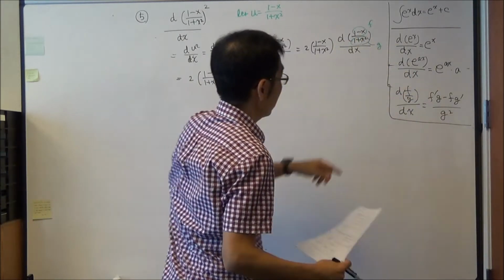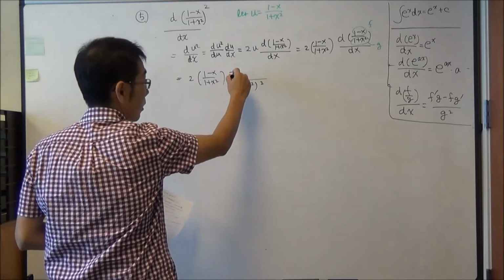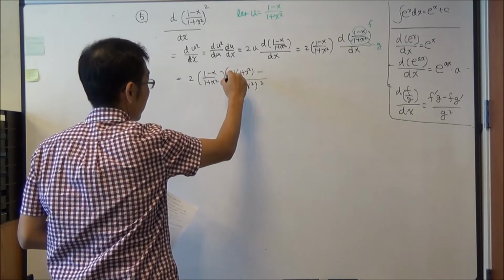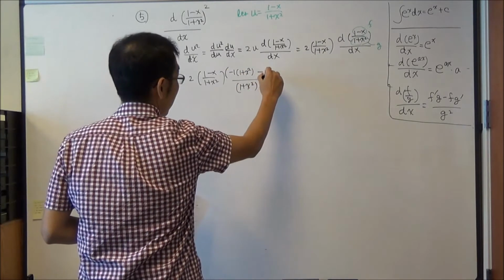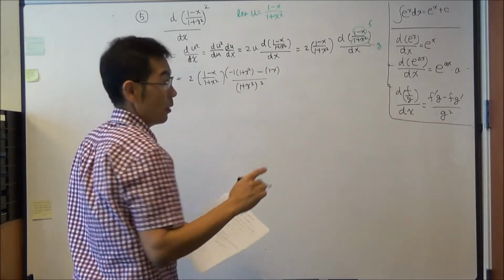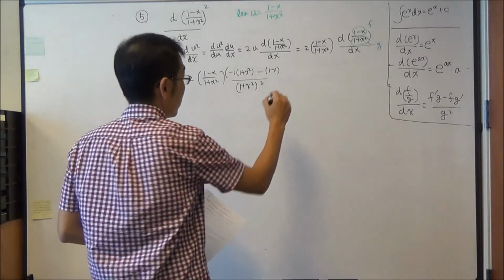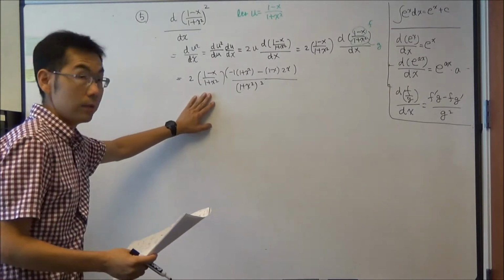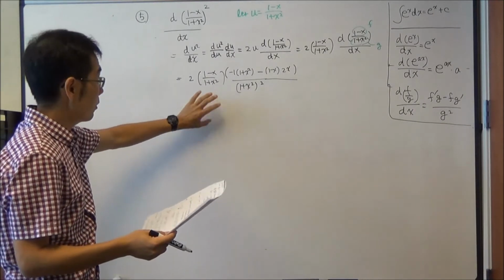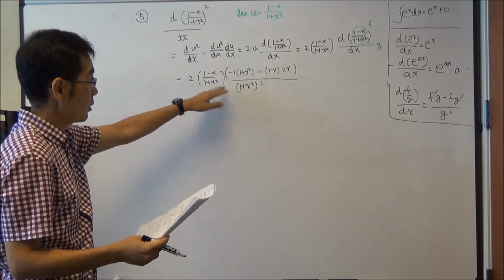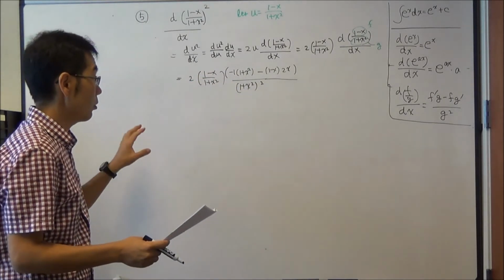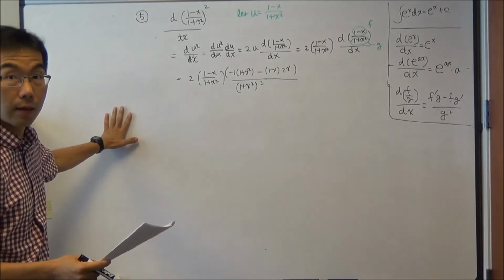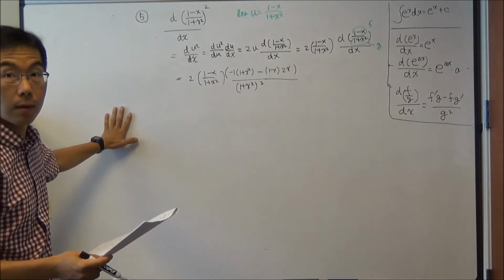So I need to take the derivative, that is minus 1, multiplied by 1 minus x squared, minus f, this is f, and then g prime. So that's the 2x, right? So this is the answer. If you simplify or rearrange this nicely, then you will see the answer key that I provided in your handout.